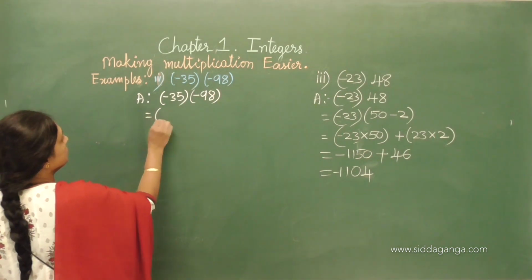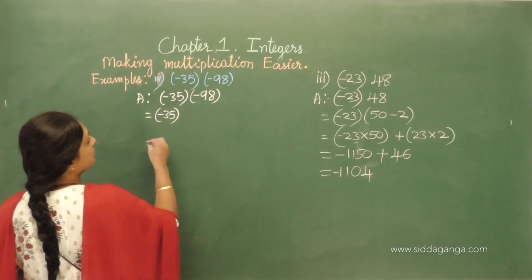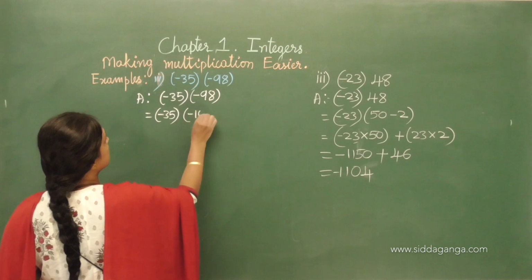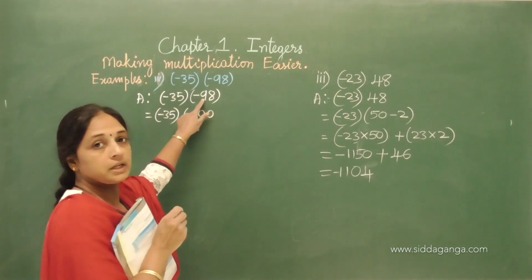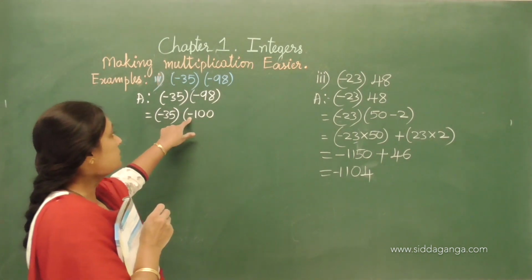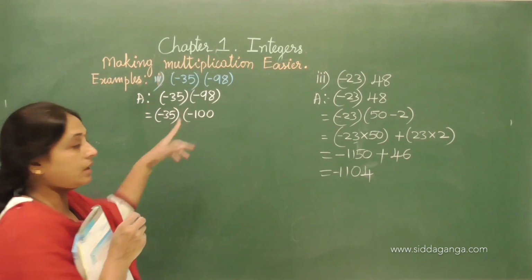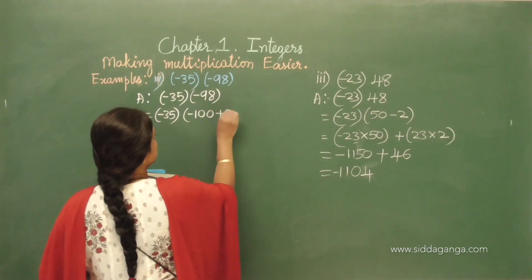That is equal to minus 35 into minus 100 minus 2, because we have minus 98 here. Minus 100 plus 2.